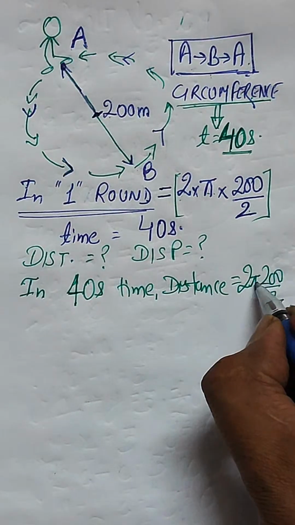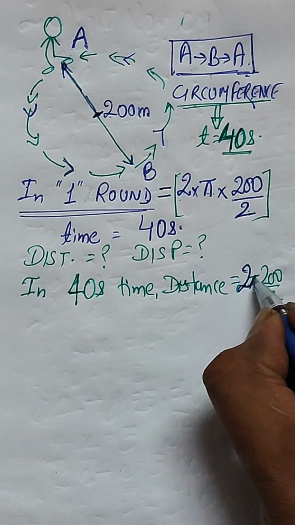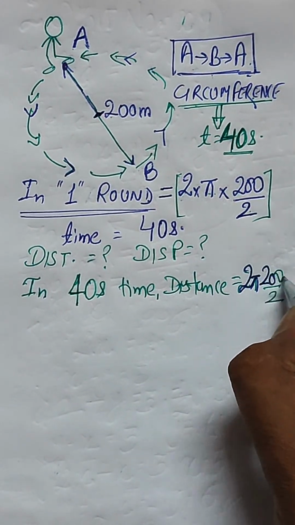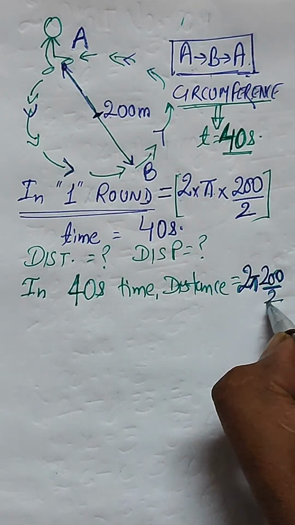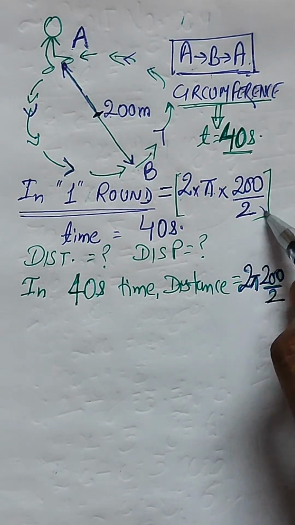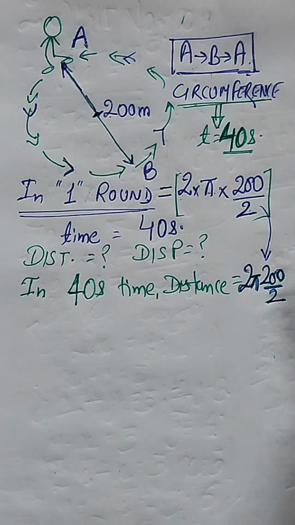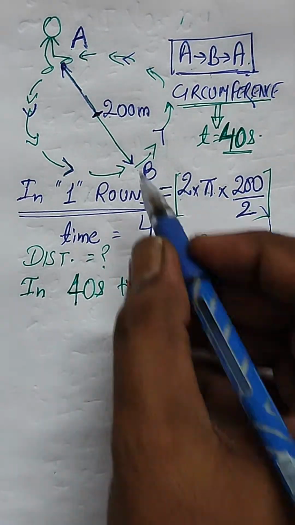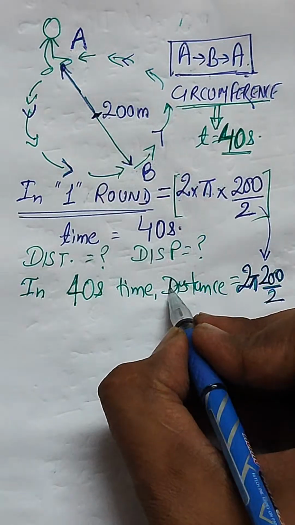Now this is the 2 pi r. I'm writing the same thing over here: 2 pi r is the distance.